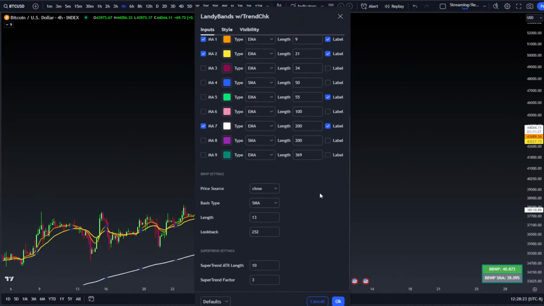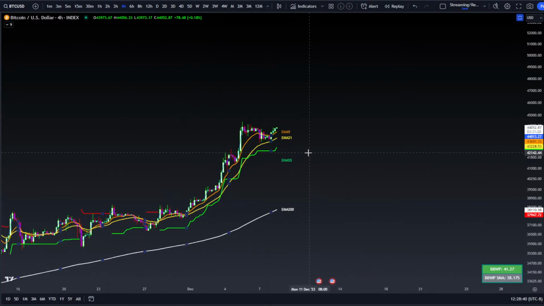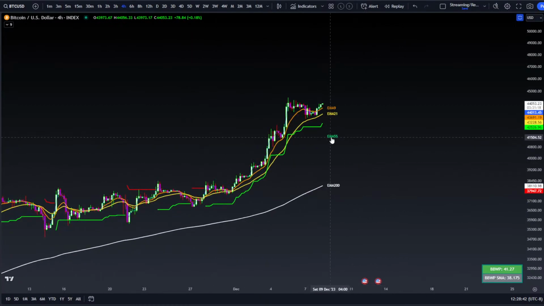There's also, by the way, if you ever want to turn it on, a super trend here and you can customize it. You do need to go to the style tab to turn on the super trend. It's just super trend midline, super trend uptrend, super trend downtrend, and you're more than welcome to turn that on and play around with it. I don't really use super trend, but that was another feature request.